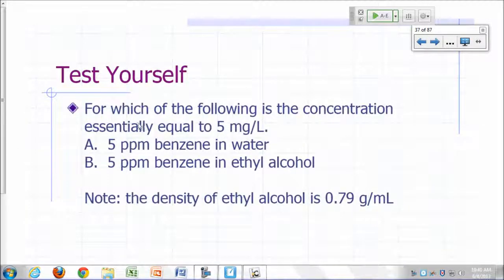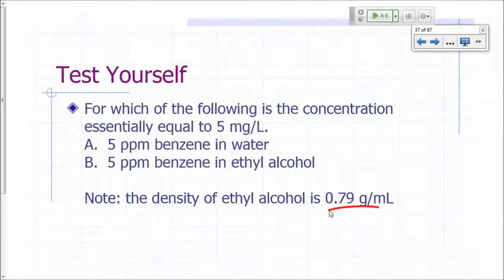Okay. For which of the following is the concentration essentially equal to 5 milligrams per liter of solution? 5 ppm benzene in water, or 5 ppm benzene in ethyl alcohol? The density of ethyl alcohol is 0.79 grams per mL.